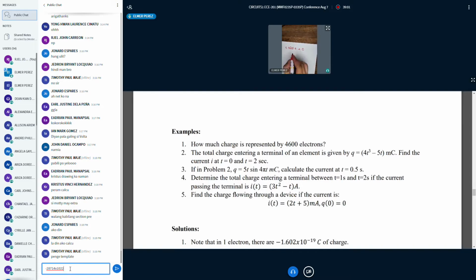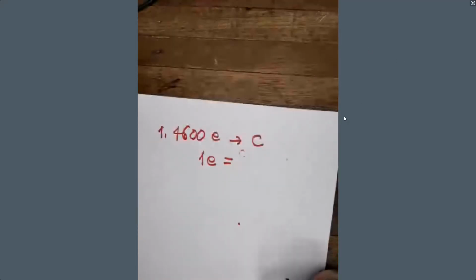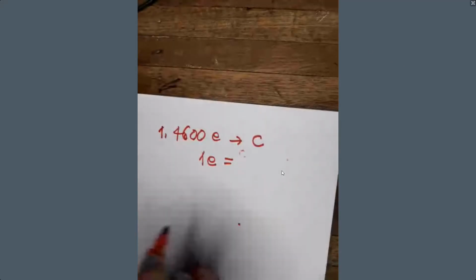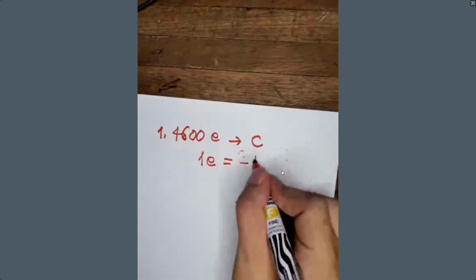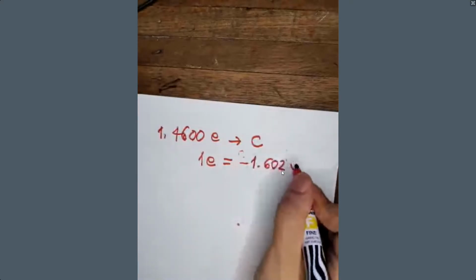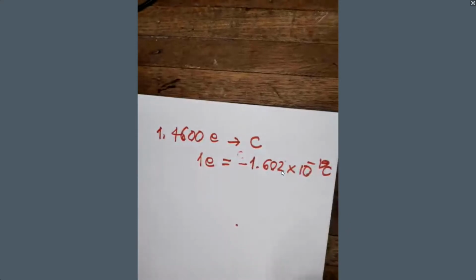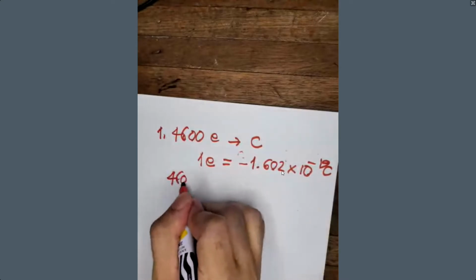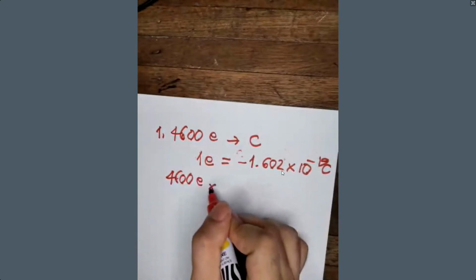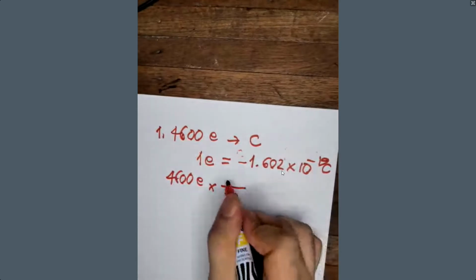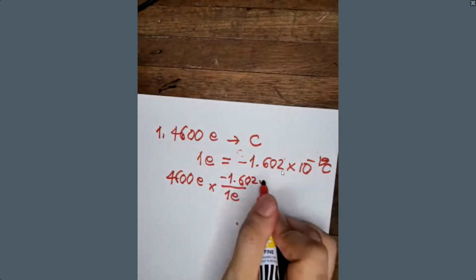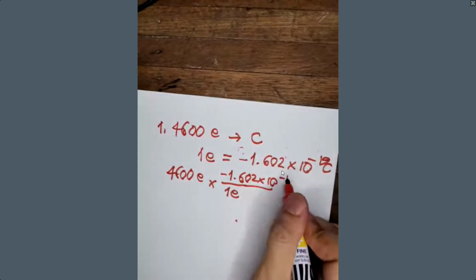Ang 1 electron ay ilan charge? So meron siyang negative 1.602 times 10 raised to negative 19 coulomb of charge. So therefore, 4,600 electrons, multiply natin, for every electron, meron kang negative 1.602 times 10 raised to negative 19.